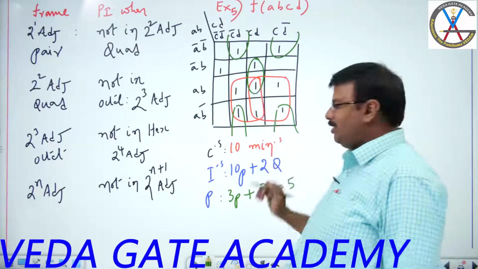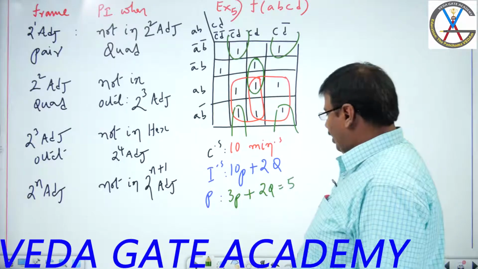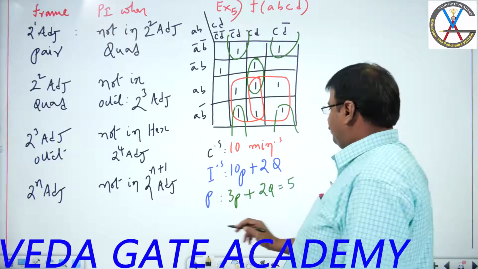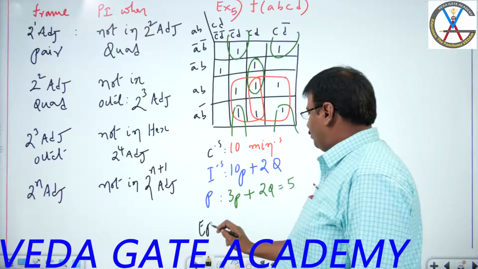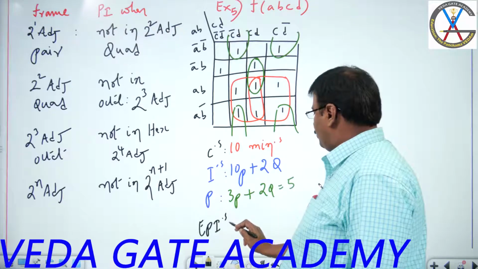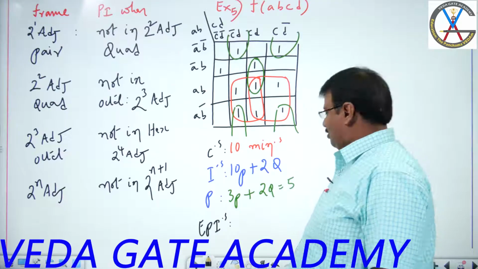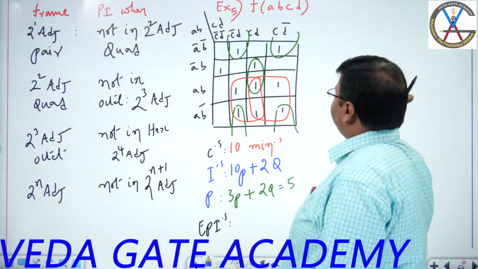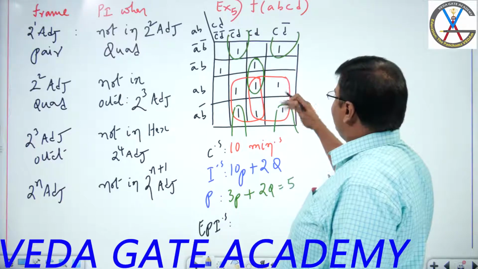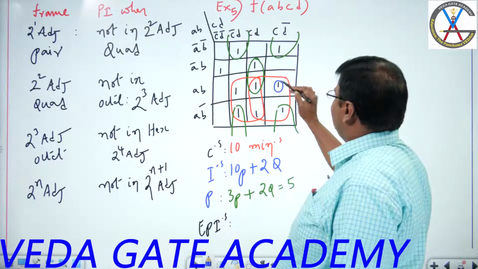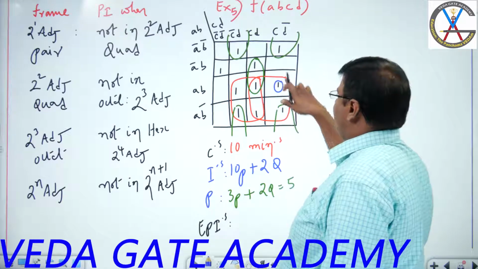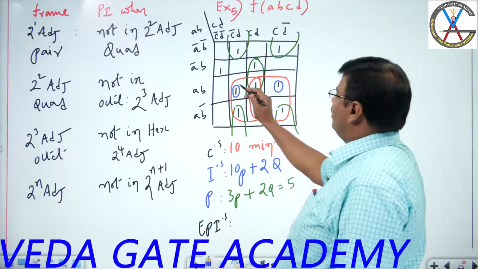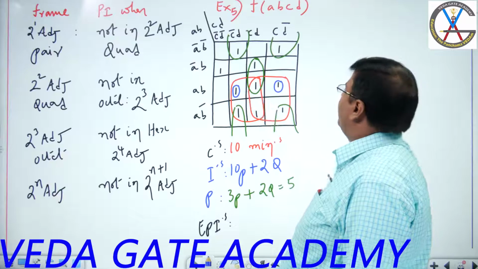There was a small confusion here. That is why I have explained once again. So now essential prime implicants on the same topic. Try to find the uniqueness in this. Who is unique by whom? This quad is unique by this, can I say? For this term, this is the only way. This quad is unique by this, for this term, this is the only way.